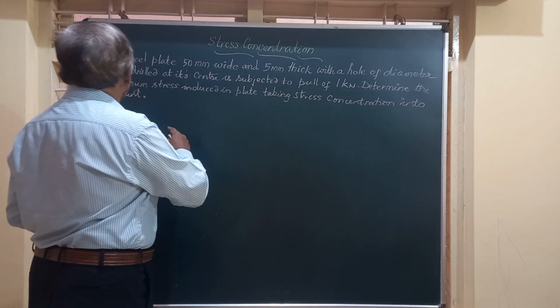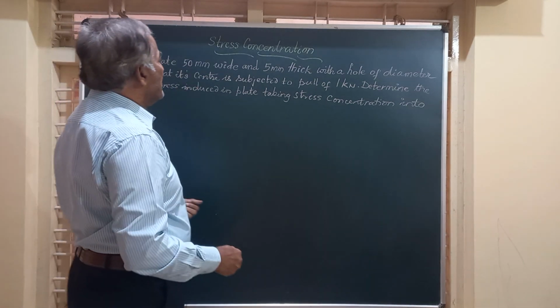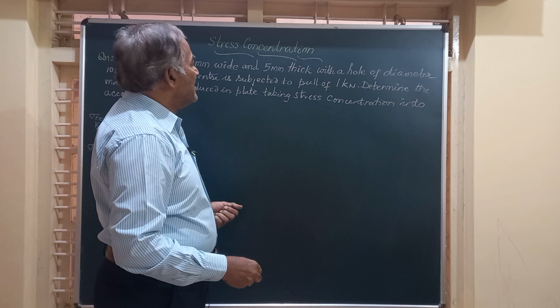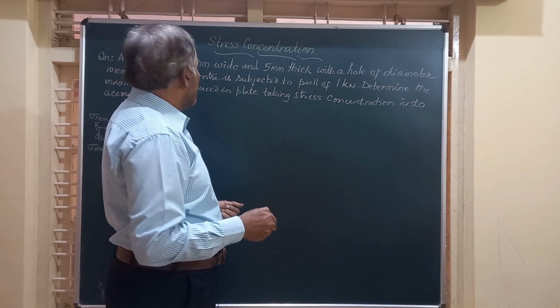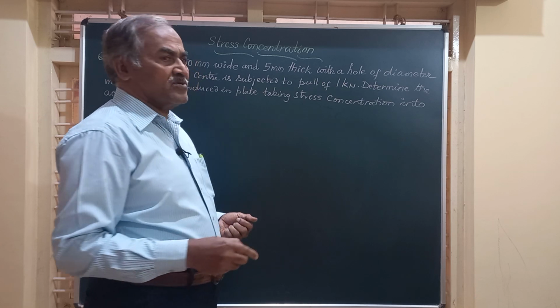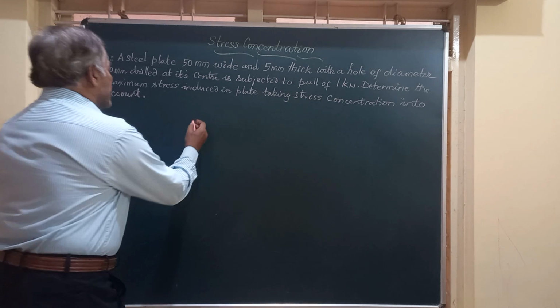Friends, the question for today's video runs like this. A steel plate 50 wide and 5 thick with a hole of diameter 10 drilled at its center. So first of all, we'll write down the sketch of that plate.